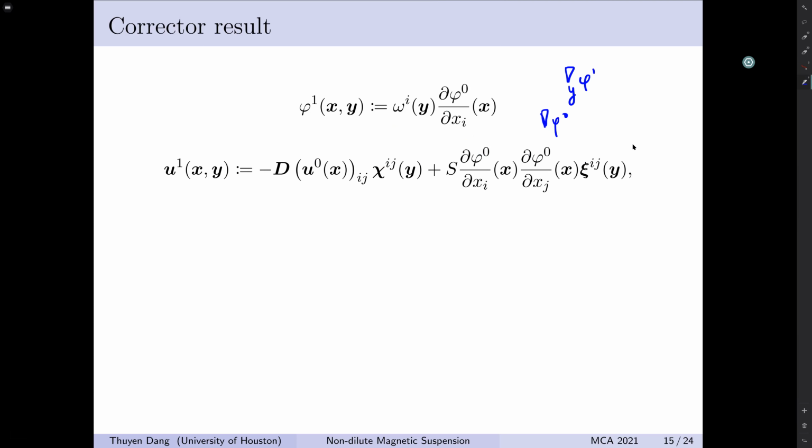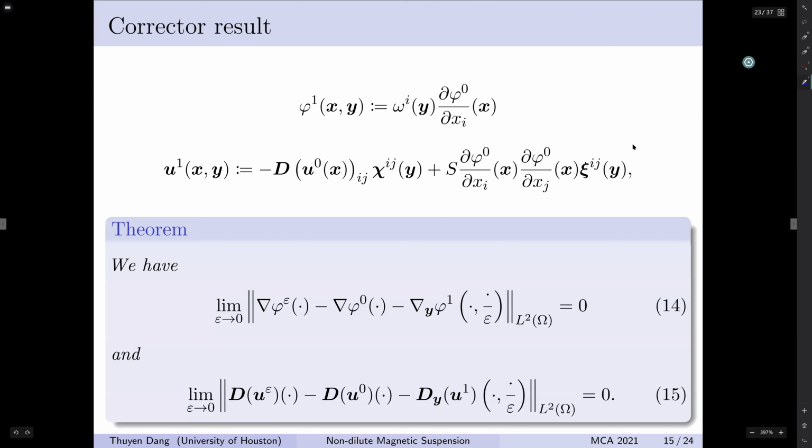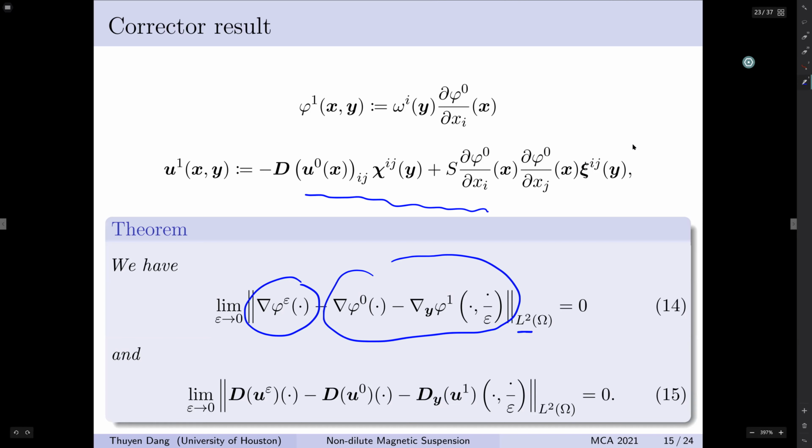Okay, so that's why we have the strong convergence in L2 of the gradient of phi epsilon to this term. And if we put U1 as in this formula, then you have similar convergence. Okay.